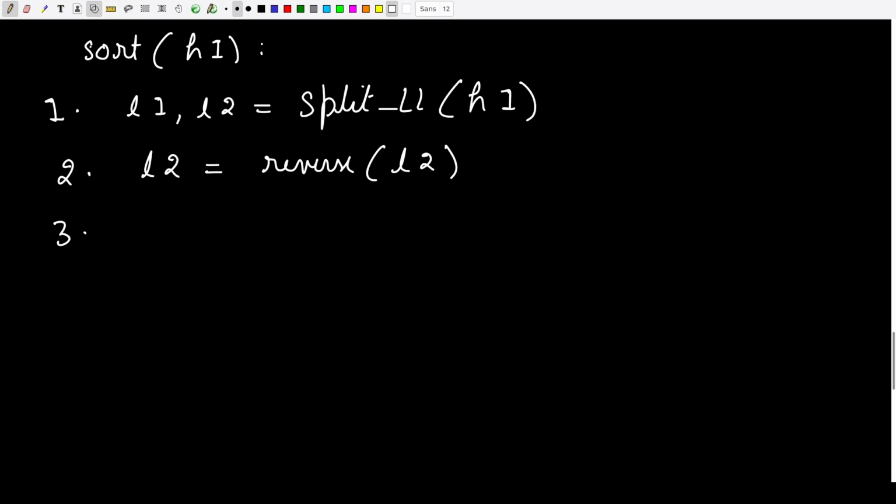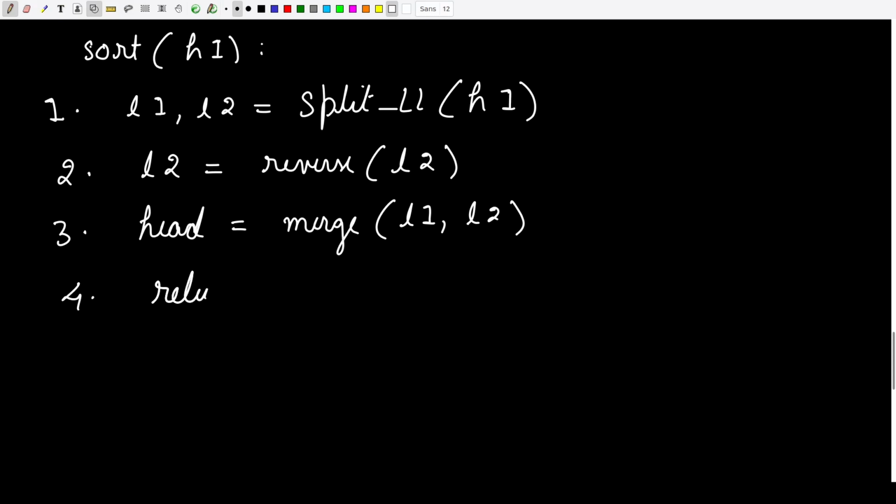Once we have reversed the second linked list, we are going to merge these two linked lists into one linked list such that they are in ascending order. The head of this linked list is something which the merge function will return, and towards the end we are going to return head. So that's the algorithm for the problem, folks.